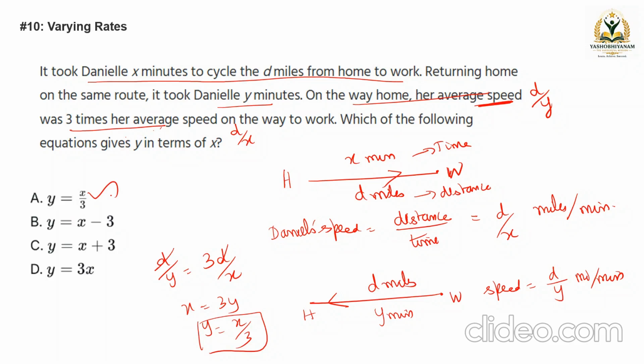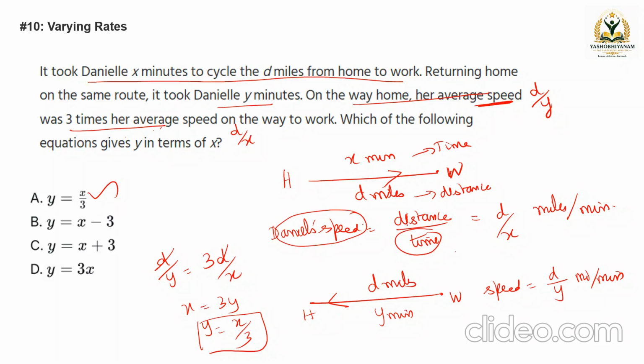Another easy way here is, you can see that the time and speed are inversely proportional to each other. They are inversely proportional to each other. So one increases, time would definitely decrease. So speed is 3 times, so the time is 1/3. Very simple, assuming distance is a constant. Easy way of solving the problem and very quick way of understanding the problem, right?